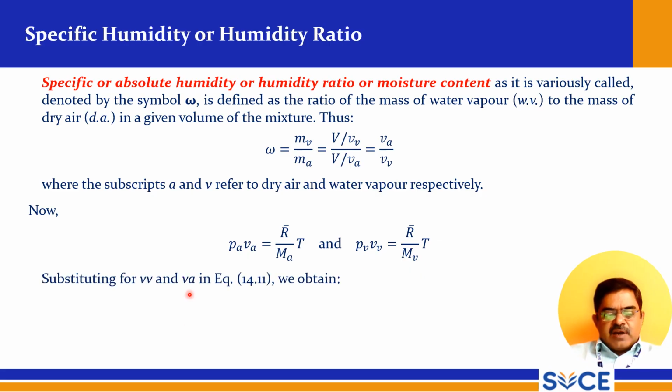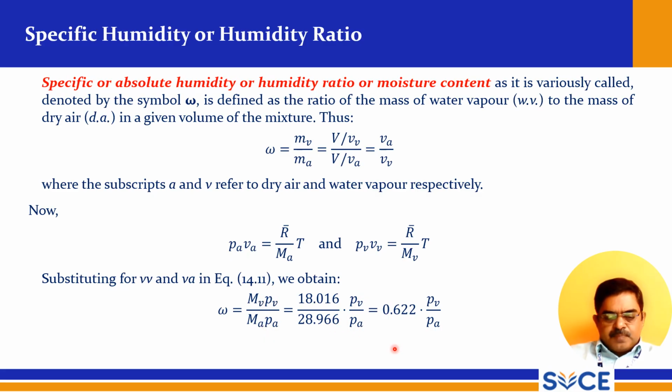Substituting for Vv and Va in the equation, we obtain omega equals Mv rho v, that is Pv, divided by Ma Pa, equals 18.016 divided by 28.966 times Pv by Pa, so that is Mv by Ma, which equals 0.622 Pv by Pa.